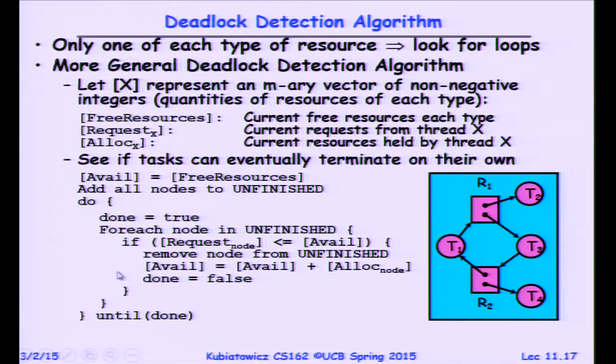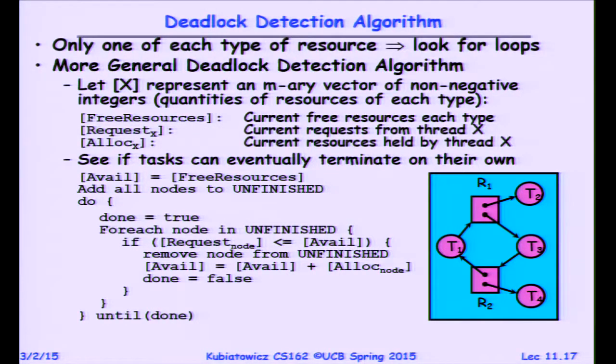Then for every node in the unfinished list, if the things I'm requesting, those are the forward arrows from a thread to a resource, are available, then assume you can simulate that node to completion. Remove it from the unfinished list, put all of its resources back in the available pot, and keep looping. You keep going until nobody's making any forward progress, or until there's nothing left in the list. Yeah, go ahead.